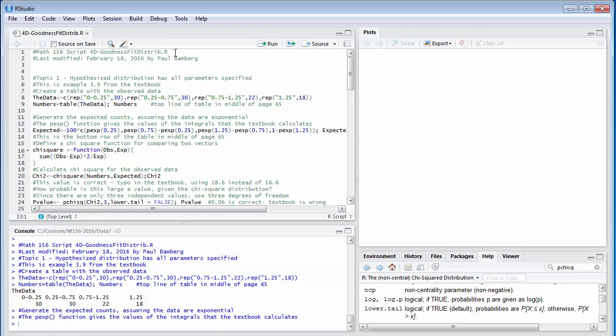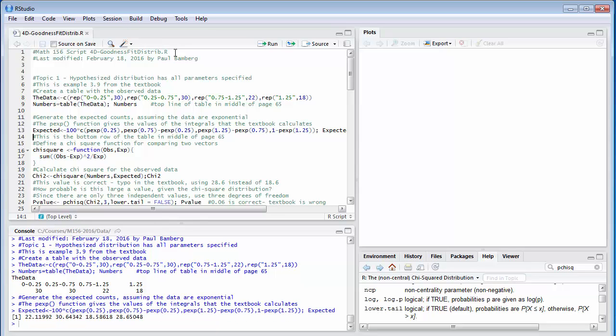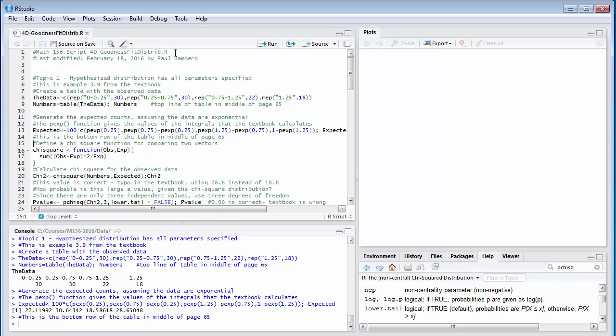So if I take 100 times this probability for 0.25, I get the expected number of counts in the first bin. Subtracting the value for 0.25 from 0.75 and multiplying by 100 gives me the expected number of counts in the next bin, and so on, and so on. And here I have the numbers that are the bottom row of the middle of that same table.